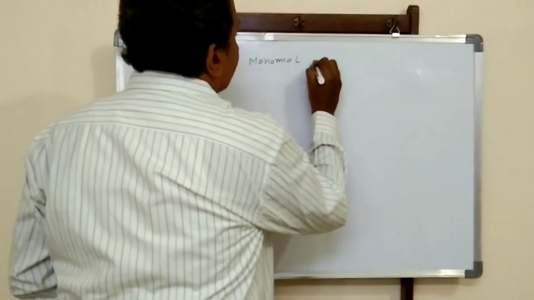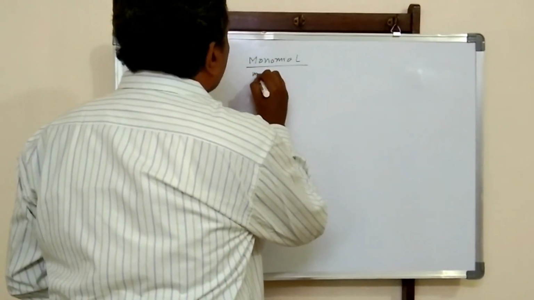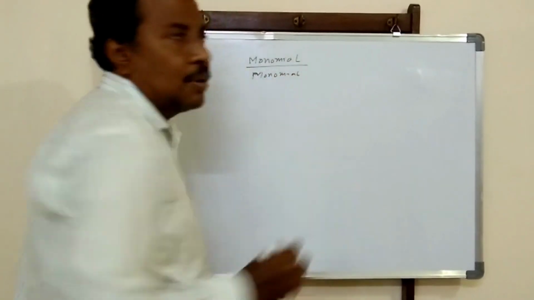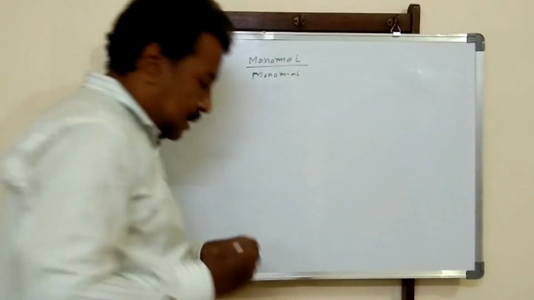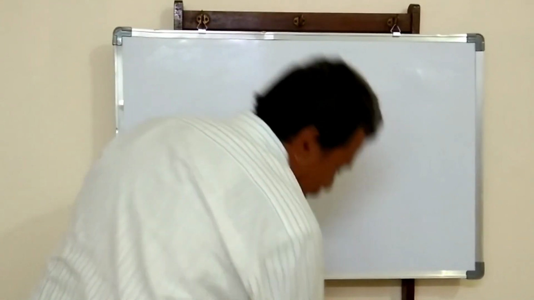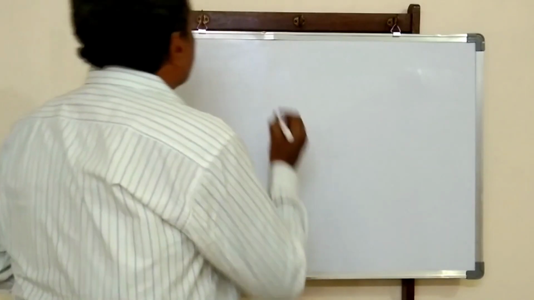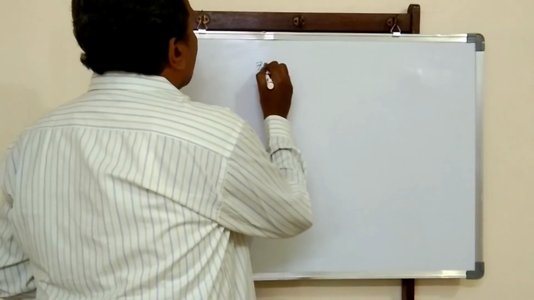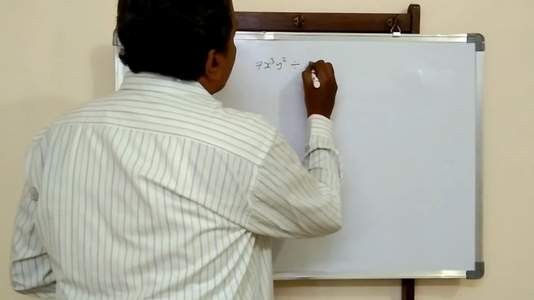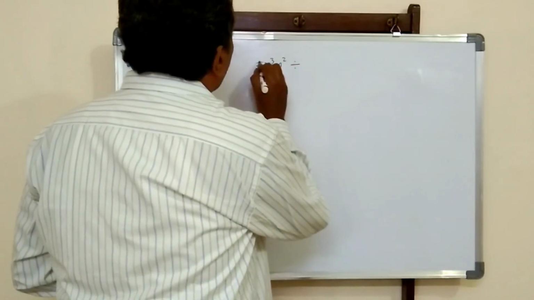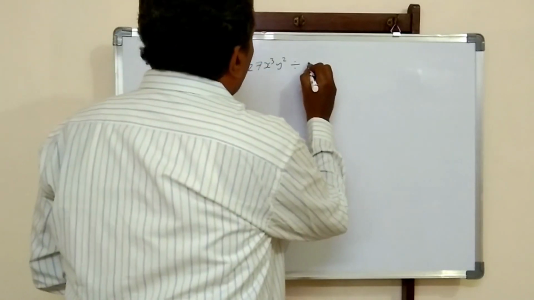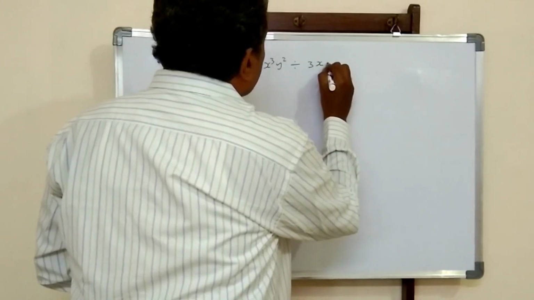I'll take 27 x cube y square divided by 3xy.